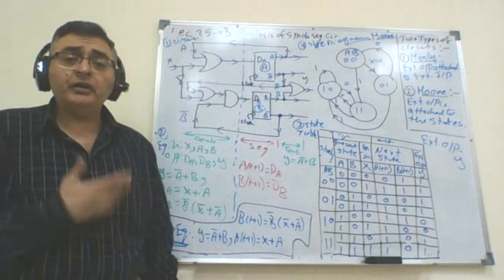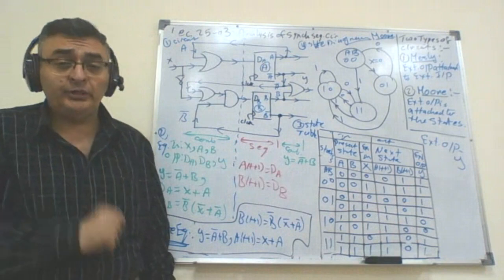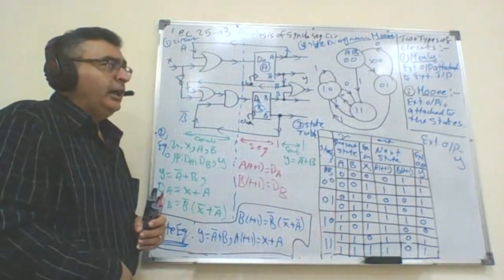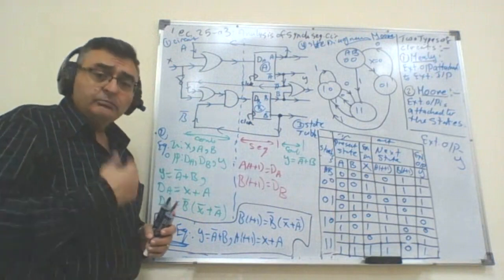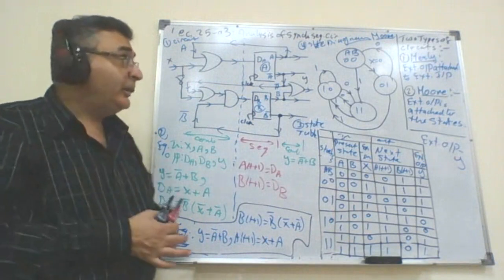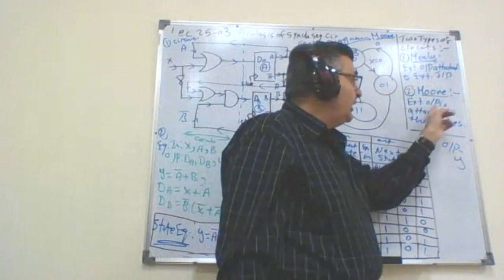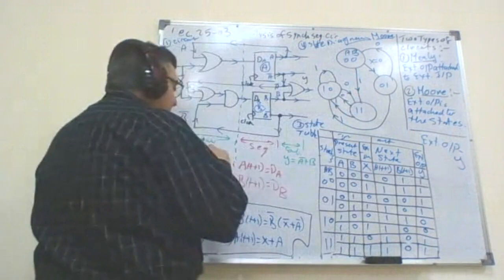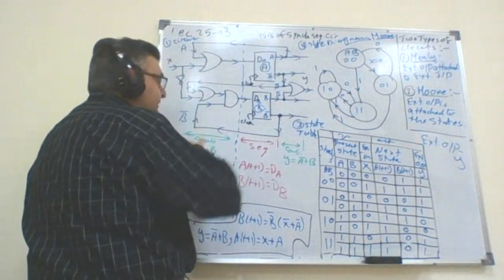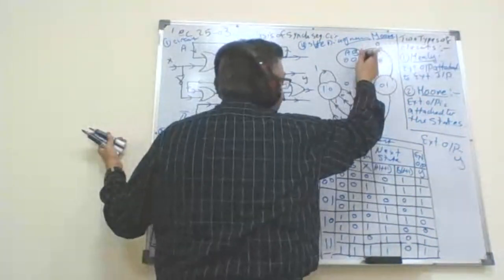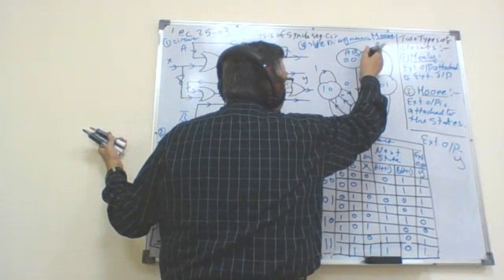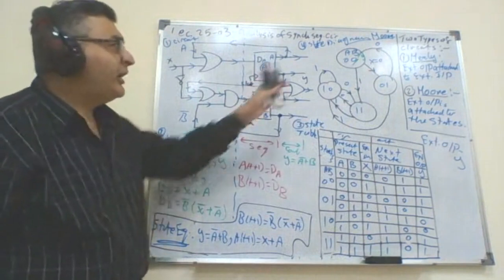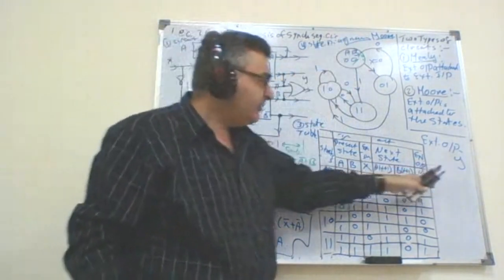If our circuit here is Moore, how can I draw the external output? I draw it as Moore. The external output is attached to the state. That means I have to draw it inside the circles with the state. So I put a slash and put the value of Y. If I am in state 0,0, what is the value of Y?